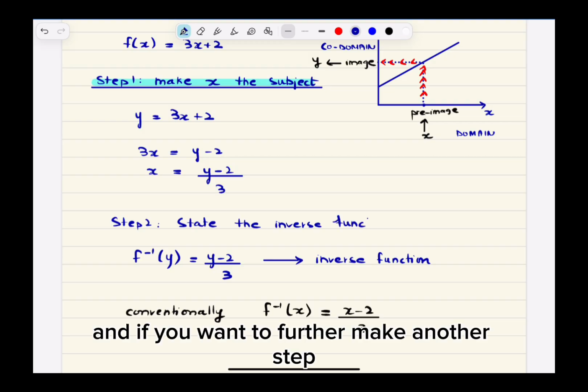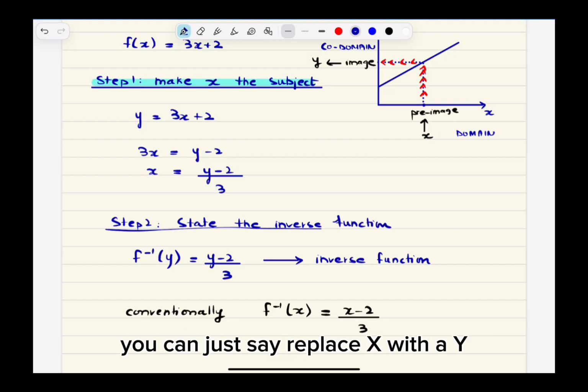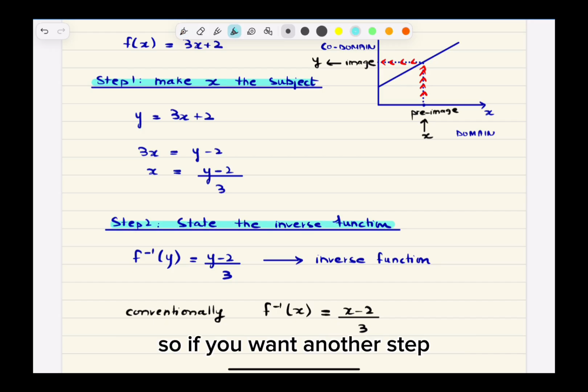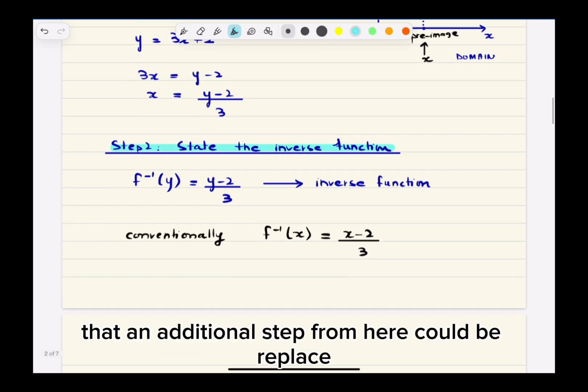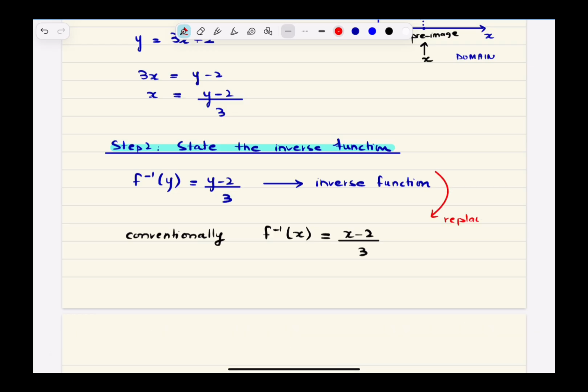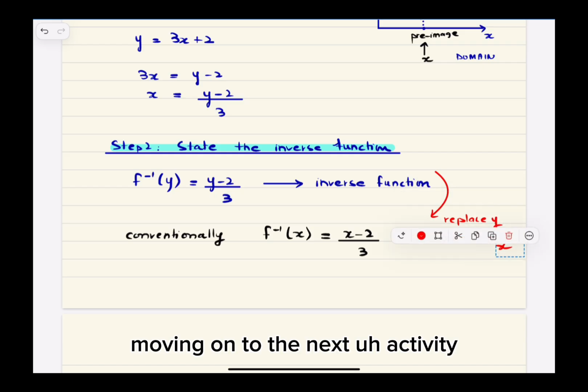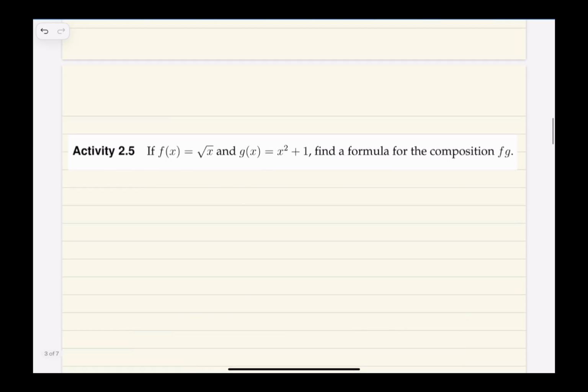And if you want to make another step, you can just say replace y with an x.